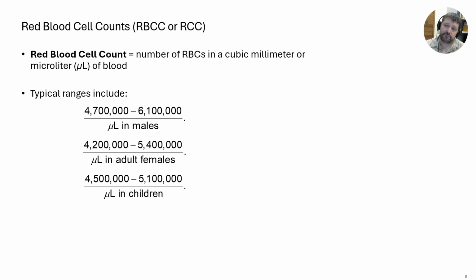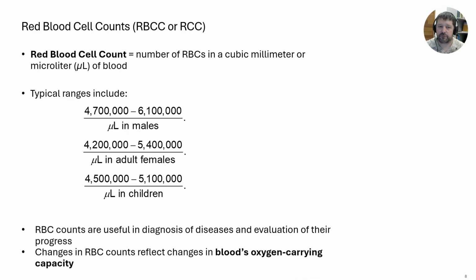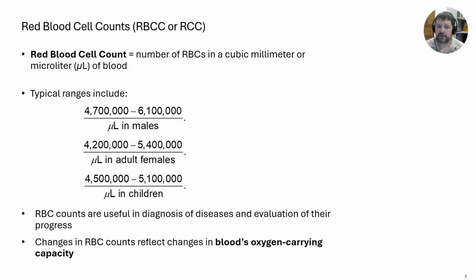Therefore, more oxygen, more cellular respiration, a higher metabolism, more energy, etc. So it's a pretty useful manipulation of the body that happens quite often. Again, red blood cell counts diagnose certain diseases. They can also reflect your ability to carry oxygen. And we'll come back and look at components of this.